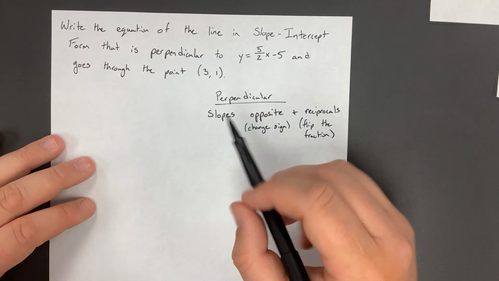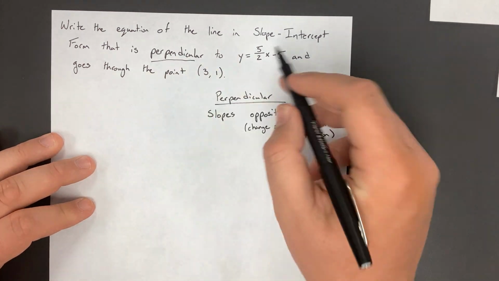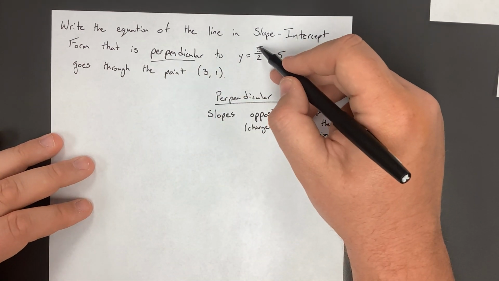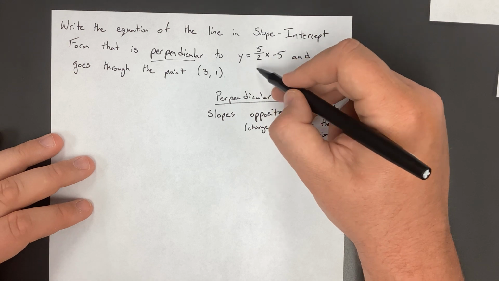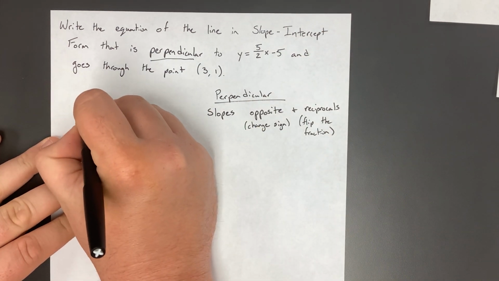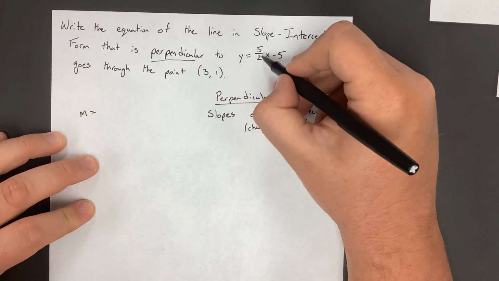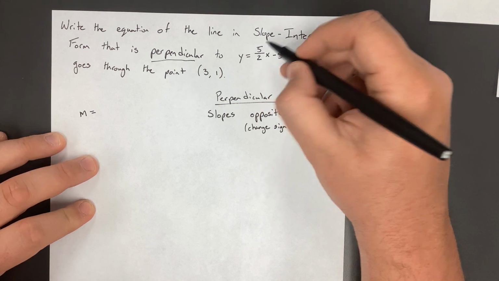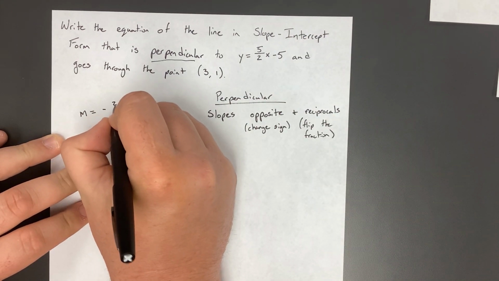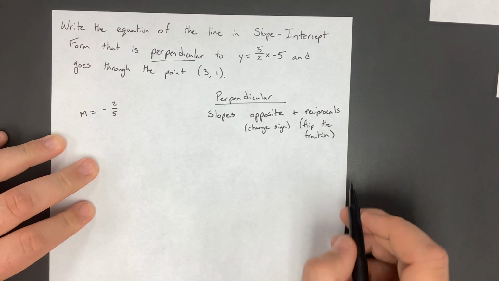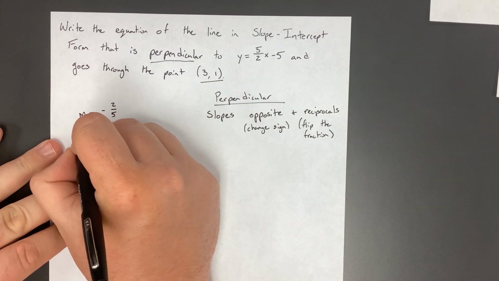Okay, so again, perpendicular to this one, we're going to look at the slope. The slope of this line is 5 over 2. So the slope for our new line, if we change the sign on this and flip it, becomes negative 2 over 5. And we're going to go through the point 3, 1.